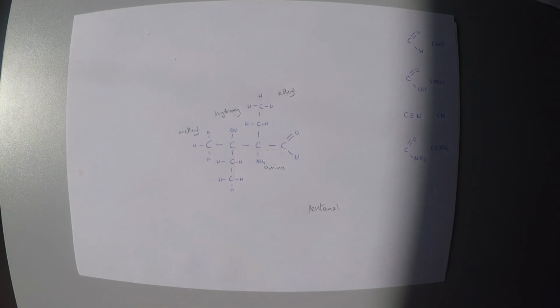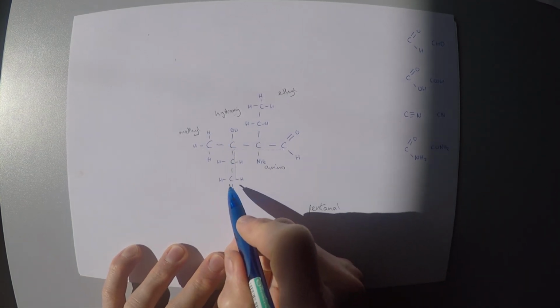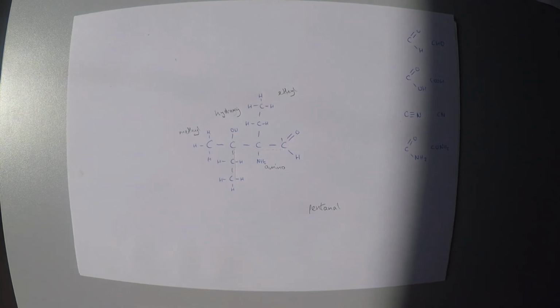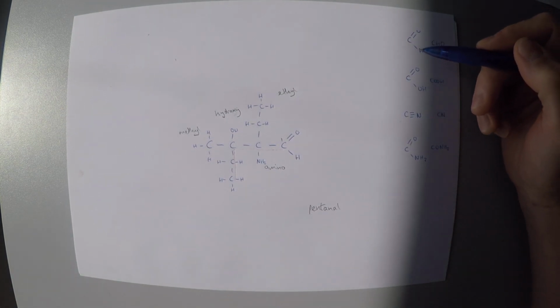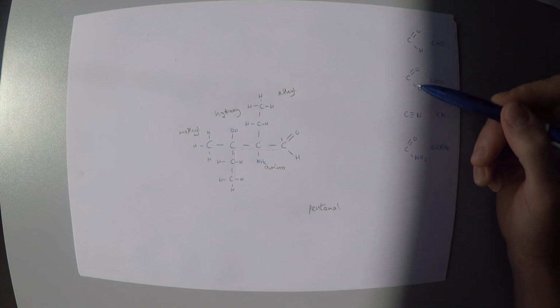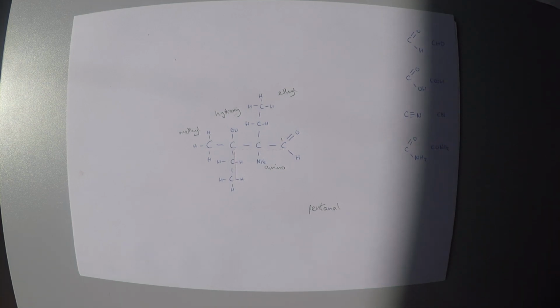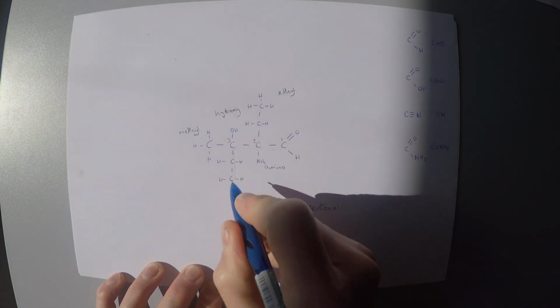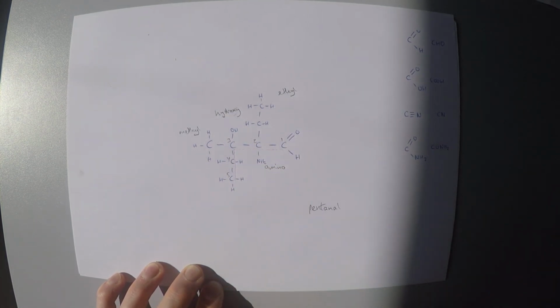So before we start stacking these up, we can decide where these are. Since our longest chain has to start at the aldehyde, the carbon in the aldehyde group is carbon 1, and the same is true for all of these functional groups. So the carbon in these functional groups is always carbon 1. And then we number from there. So the second carbon here is 2, 3, and then going down 4 and 5.